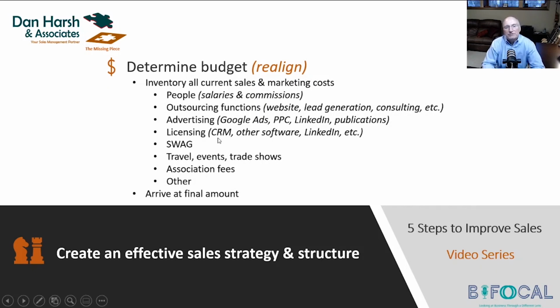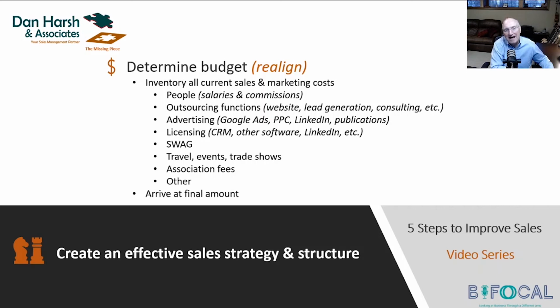I think a place to start is take an inventory of all your current sales and marketing cost. I want to identify everything because once I identify everything, I got to get to a number, because it's that number that I'm probably going to realign. I'm going to reallocate, redistribute those costs because if you watched video 1, we talked about thinking outside the box.